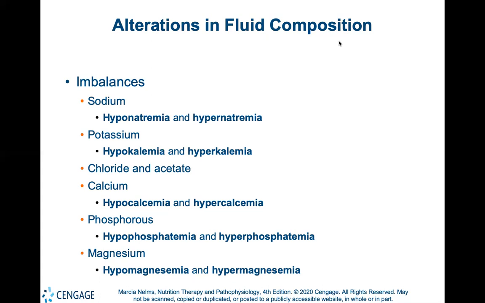Continuation of alterations in fluid compositions. Chloride and acetate are primarily extracellular anions. They serve to maintain osmotic pressure and acid-base balance. To correct any chloride abnormalities, chloride is provided as sodium chloride and potassium chloride. Acetate salts are converted into bicarbonates in the liver. Calcium imbalances.